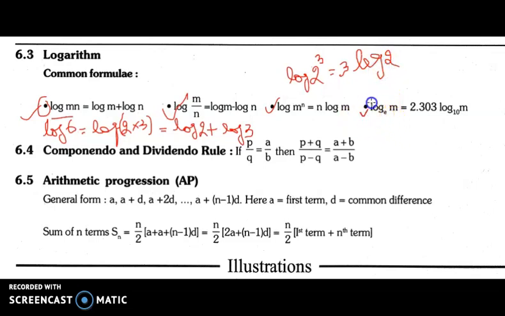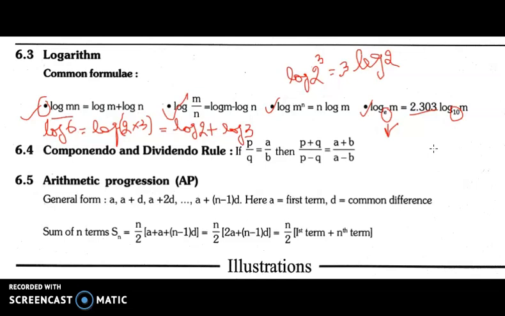And the fourth part is of course log base e. This is the base changing property. This is known as the base of the log. If the base of the log is e and we have to convert it into base 10, we multiply by the factor 2.303. Logarithm has much larger applications in chemistry. In physics it is not to that extent, but still it is used at some points.